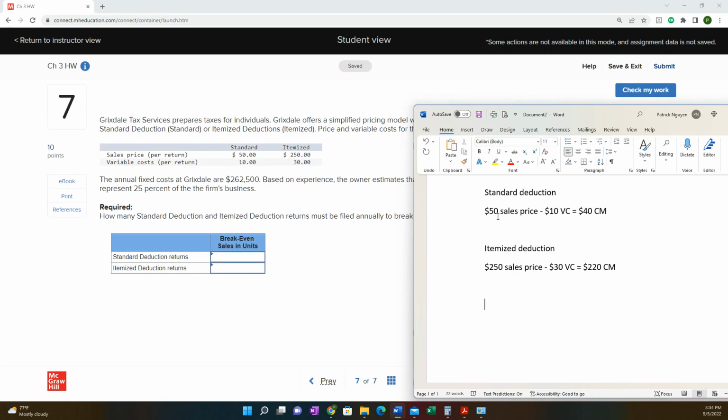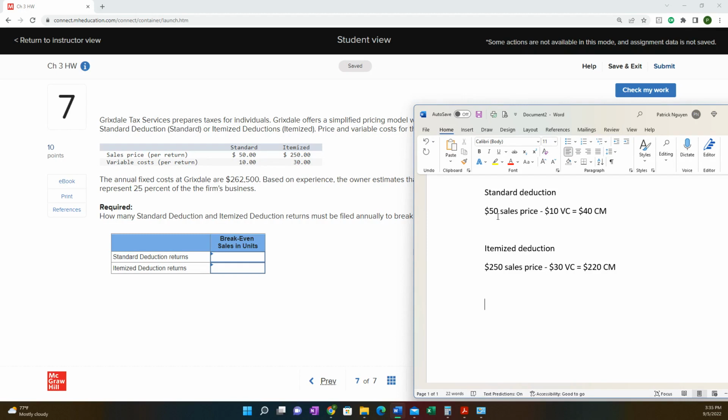You have to be able to reasonably guess what your answer is going to be. So on a test, if you're calculating the weighted average contribution margin of 2 units, and you know one unit's profit is $40 and the other unit's profit is $220, your weighted average margin needs to be between those 2 numbers. So if you get an answer of $1,000 or $2,000 or $20, you know that you messed up somewhere because you're not within that range.